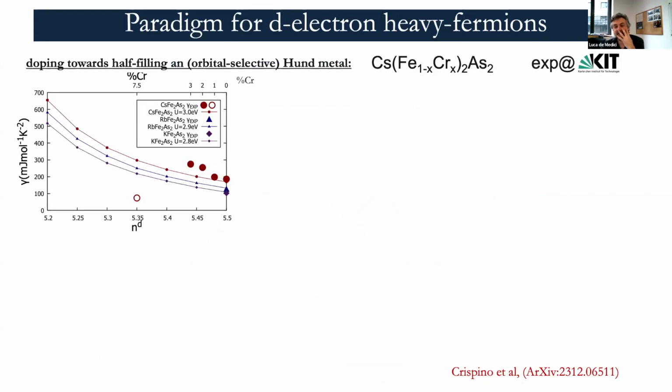So this is what we suggested and what we actually did with our colleagues in Karlsruhe. We asked them to take the most correlated of the whole doped iron-based superconductors, cesium iron 2 arsenic 2, and to try to further hole dope it.